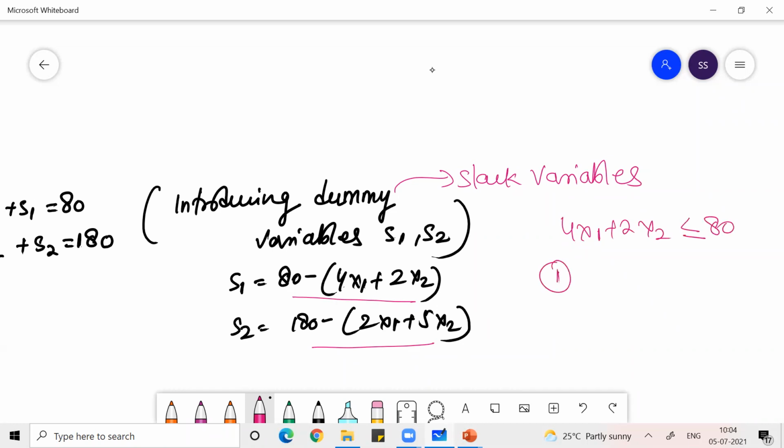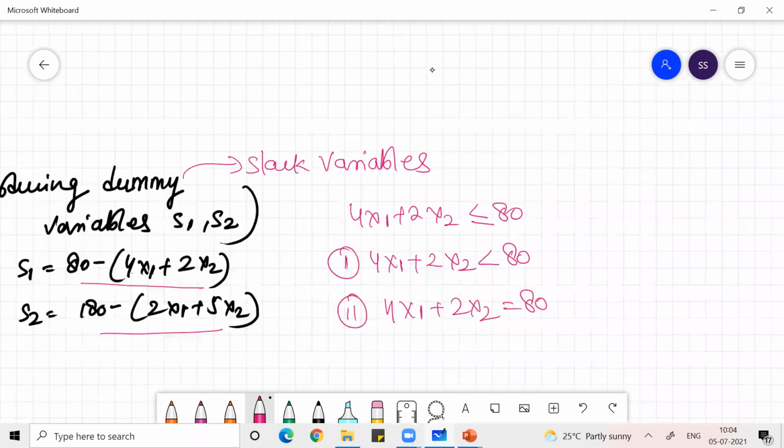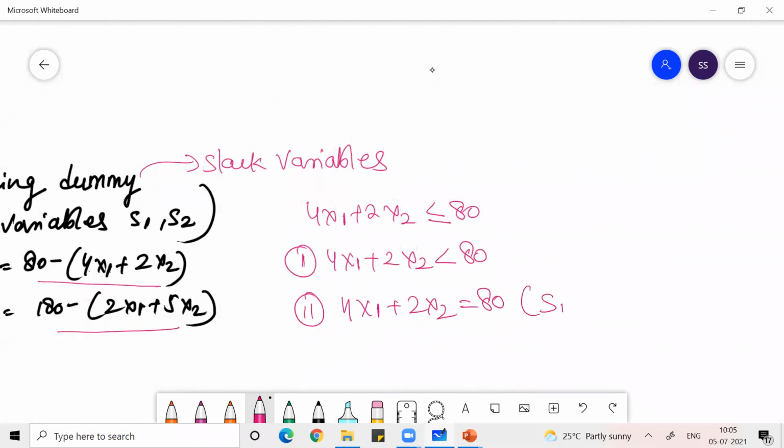So two possibilities are there: it can be less than 80, or it can be equal to 80. In case it is equal to 80, then S1 would be equal to 0. In case it is not equal to 80, then S1 is 80 minus (4x1 plus 2x2), so that the sum total becomes equal to 80. Can you understand this? Any doubt?